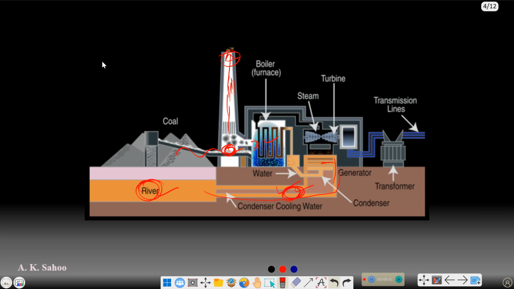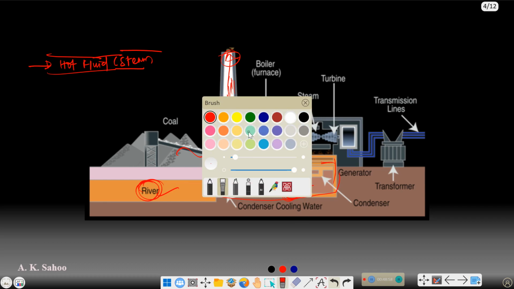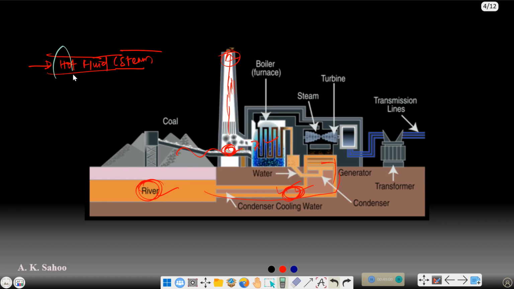So let this be the pipe through which our hot fluid is moving. In this case this is steam, right? Now I will be circulating our cold fluid. Let this be the cold fluid which I am circulating over here.